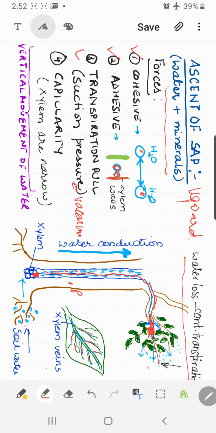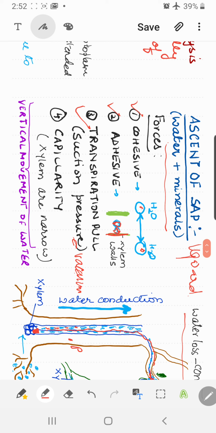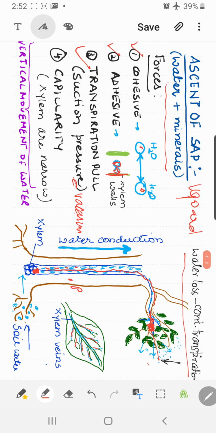So three forces you have studied till now: cohesive, adhesive, transpirational pull, which you also call suction pressure, and the fourth one is capillarity. Now capillarity is quite easier. You should be seeing that xylem channels are very narrow, right? Suppose you are having two channels. This one has this much area of cross section, the other one is quite narrower, and when you keep such tubular pipelines in water, the water will be taken up in the narrower tube first.